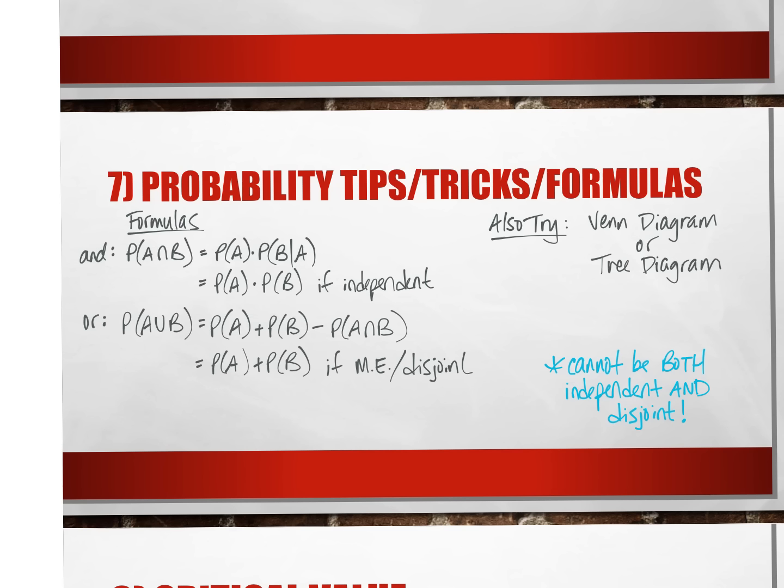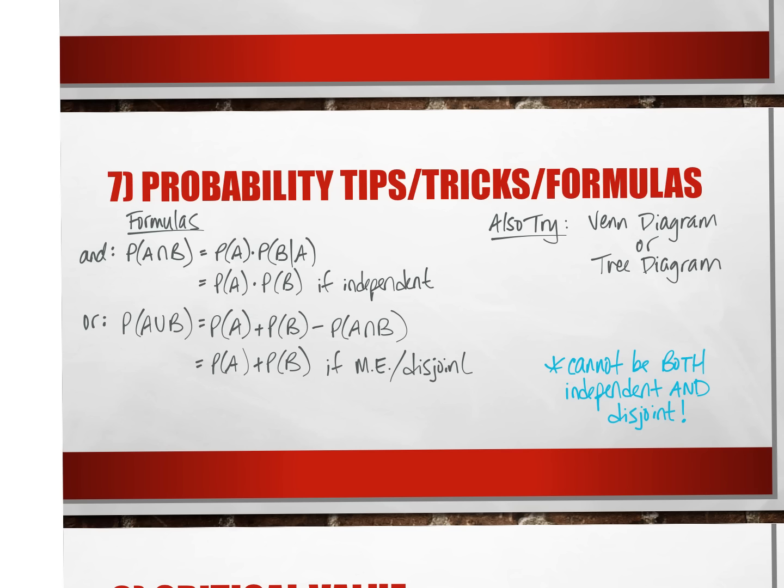But here are the formulas. If you want to jot them down, you should also have them in your notes so that you can easily reference them. The formula for AND: you can straight up multiply the two events together if they're independent. But if they're not, you have to use a more intricate formula that has a given condition.